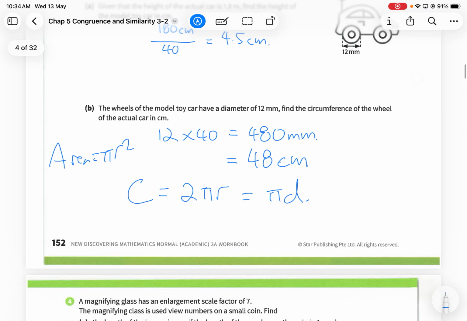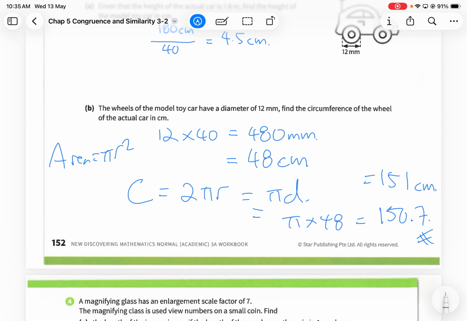Okay? So equals to pi times 48. 150.7. Yes, then you round it off to 151 centimeter.